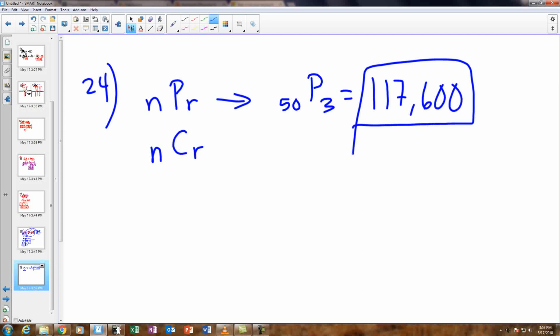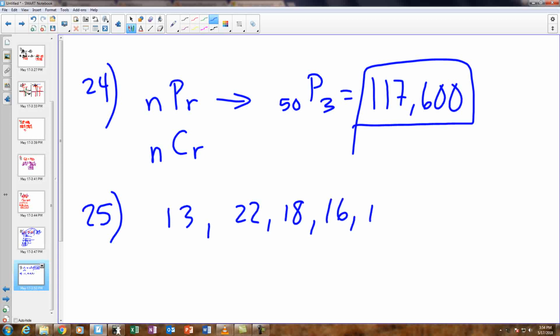Then if you look at 25, it's a data set of 13, 22, 18, 16, 13, 15, 18, 15, and 13. 1, 2, 3, 4, 5, 6, 7, 8, 9. I think that's right. 9 values, good.